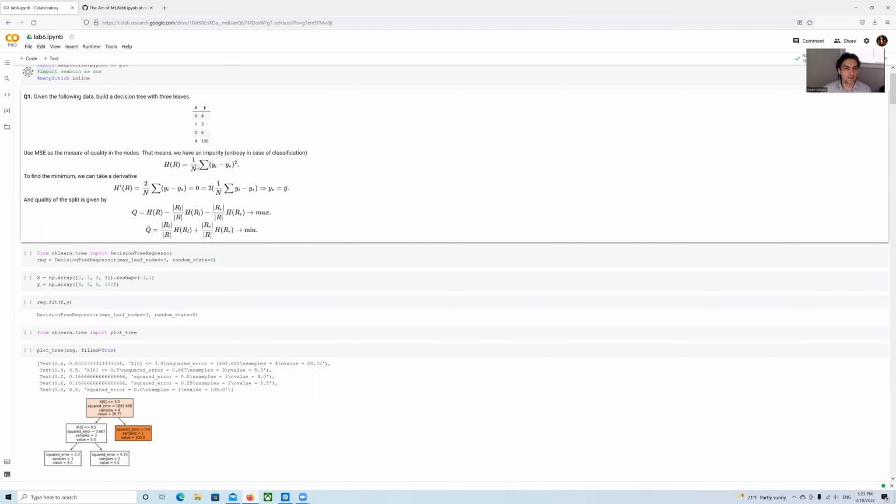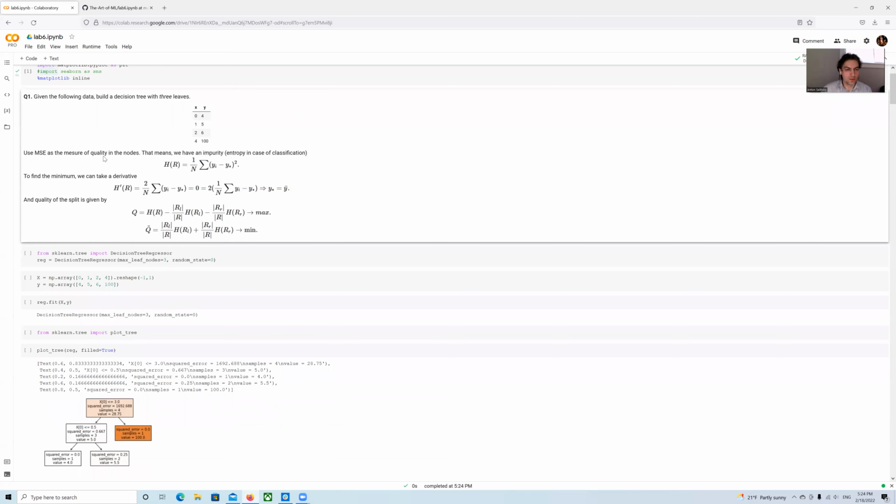Let's look at the following problem. We have the following table of data, 1, 2, 3, 4 points, and predictions for these points.